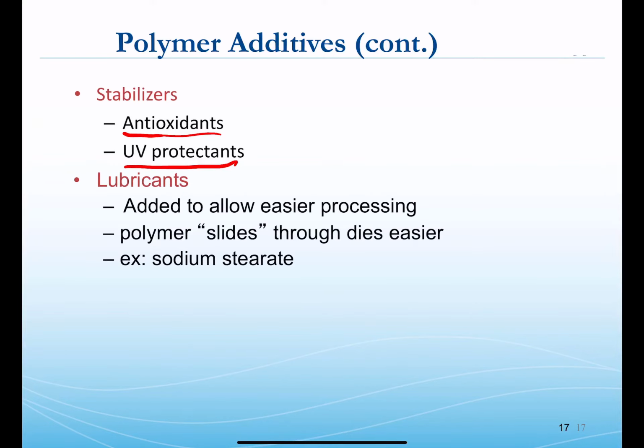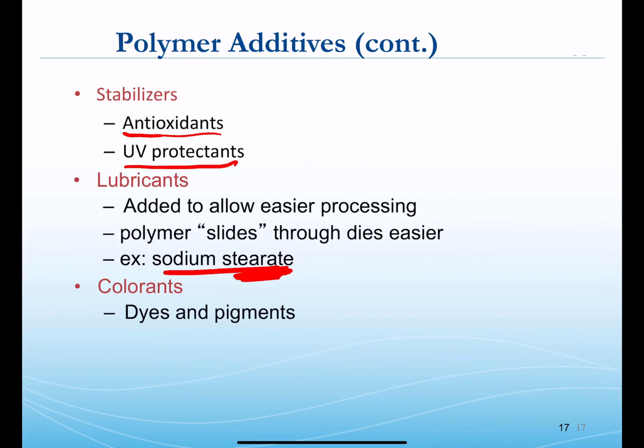Even lubricants can be added. So this would be a processing material to help polymers slide through processing equipment a little easier. So things like salts of long fatty acid molecules, like the salt of a soap, sodium stearate, can be used to help the material slide through the machinery and dyes, as we'll see in a moment, a little easier.